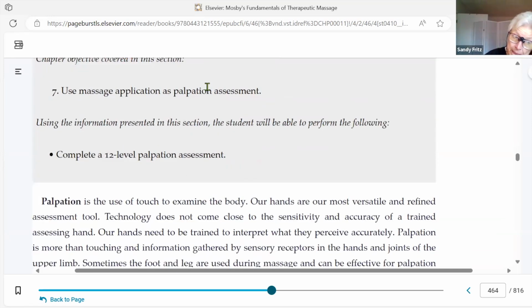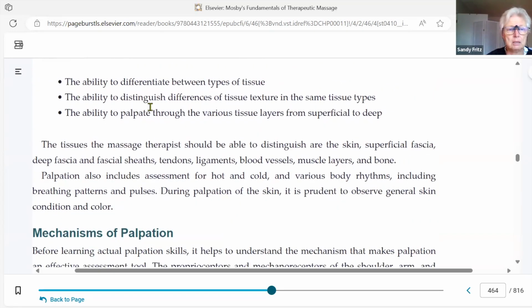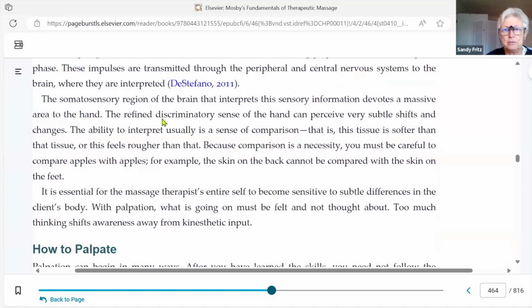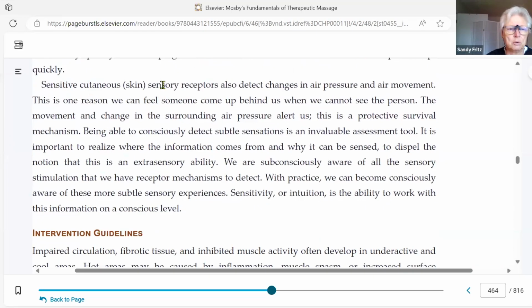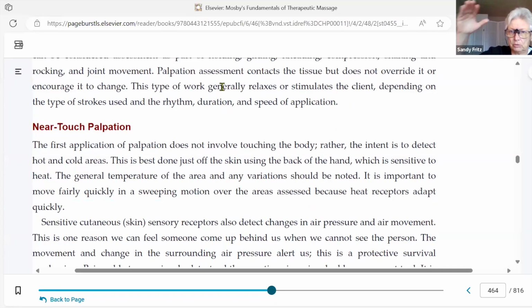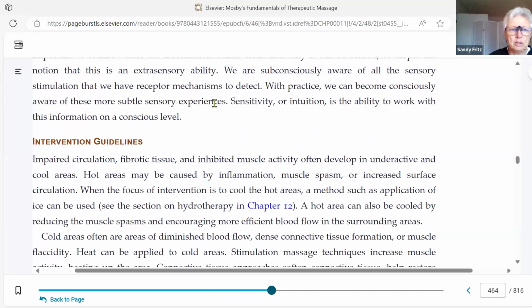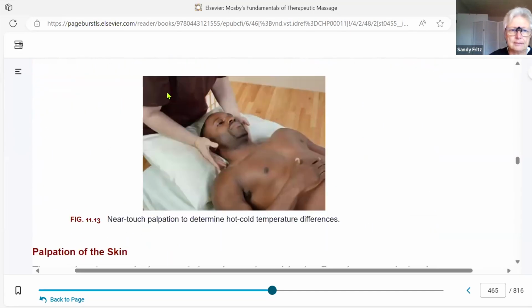Then we get into palpation. And this is what we do every time we are doing a touch-based massage, is we are palpating. So this is divided from surface, above the surface actually, to very deep. So you're going to want to practice these.